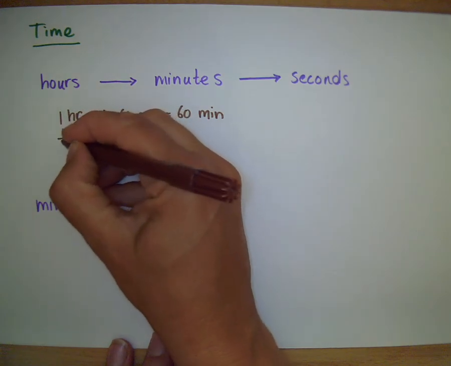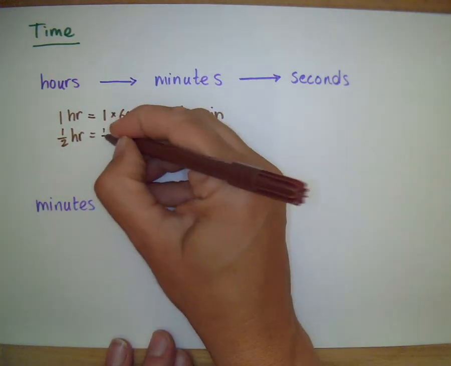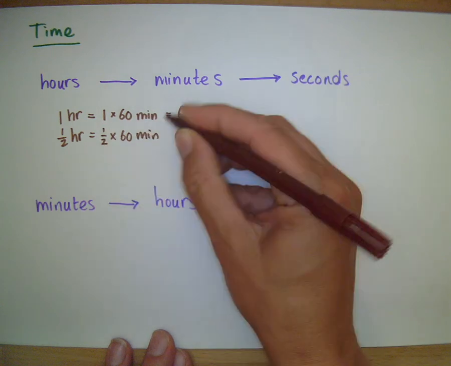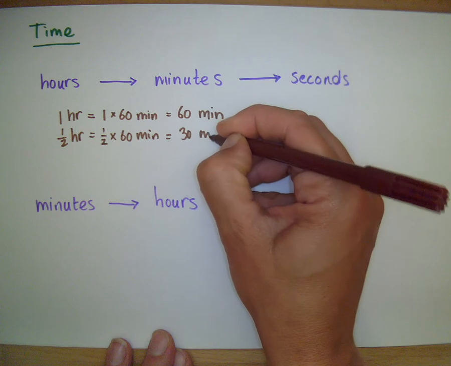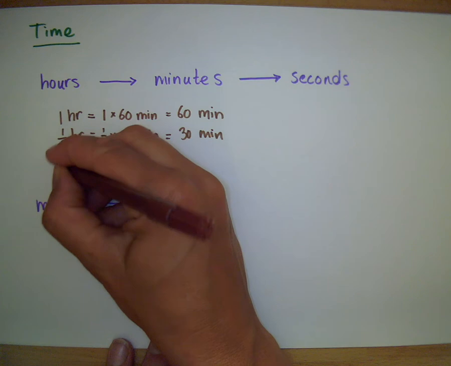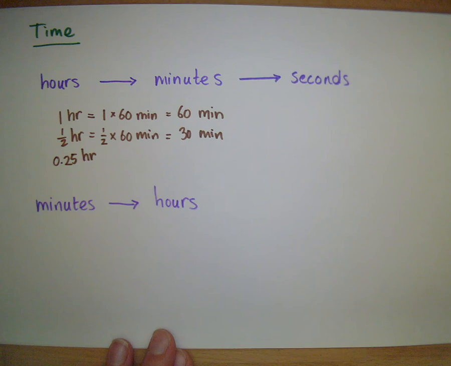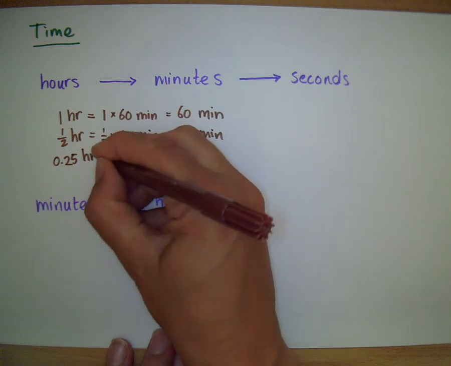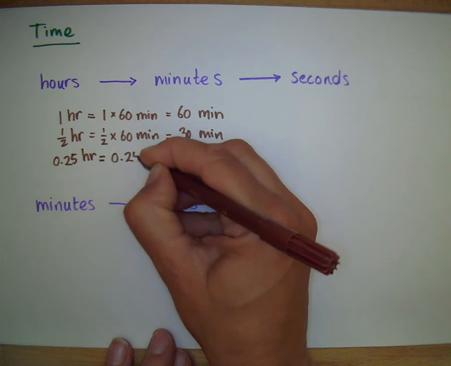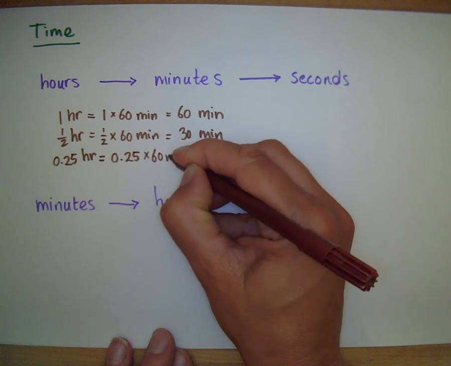We all know that. What if I said half an hour? Half an hour is 1/2 times 60 minutes, all right? 1/2 times 60 is 30 minutes. And now what about 0.25 hours? How many minutes is that? Well, we would do exactly the same as we did up here. 0.25 times 60 minutes.